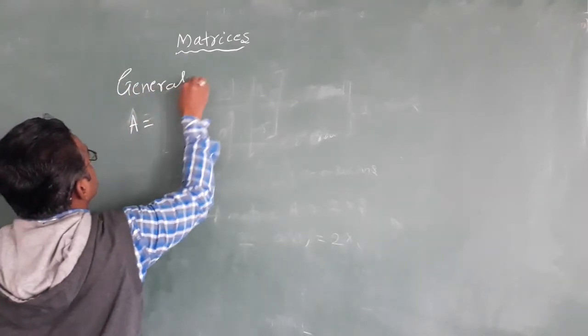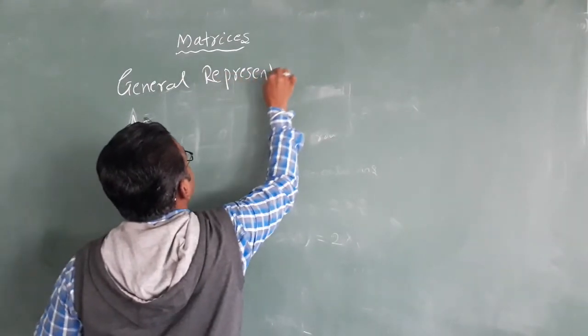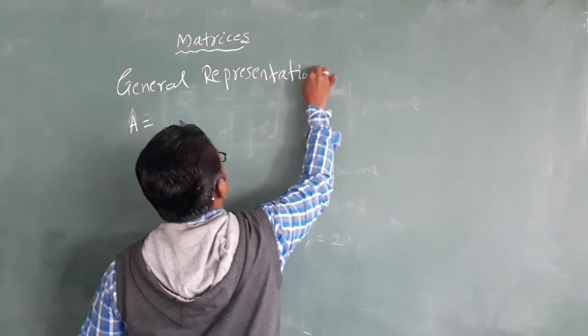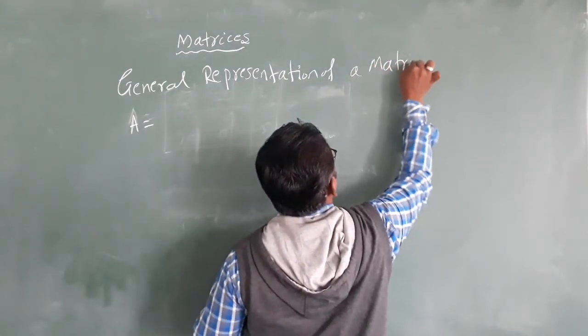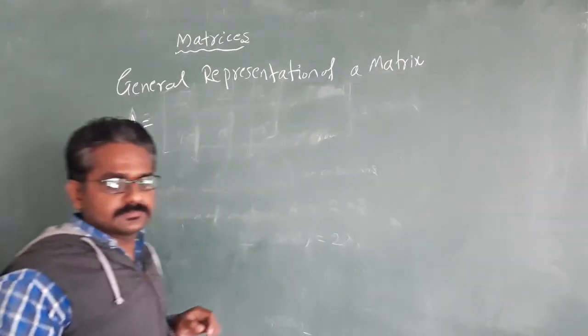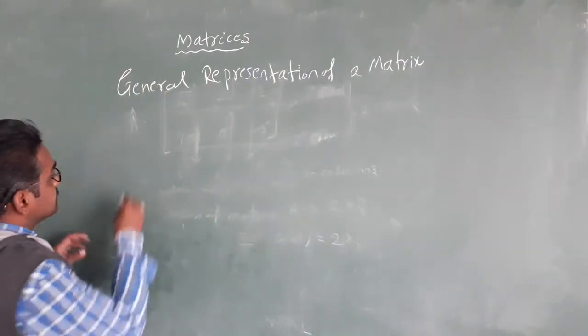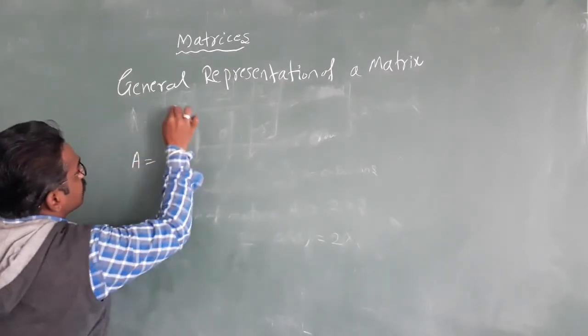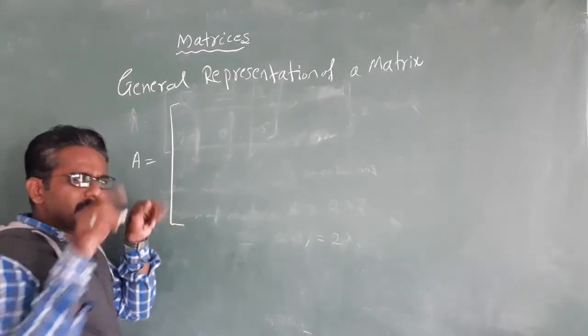General representation of a matrix. See, let us consider a matrix A. Generally, most of the time we use the square bracket only.